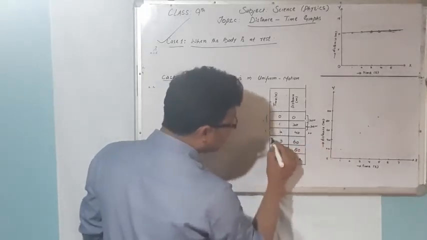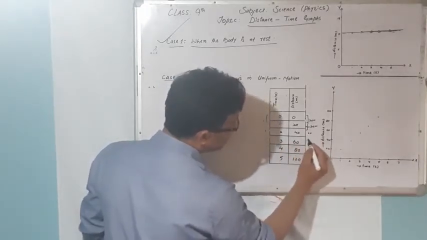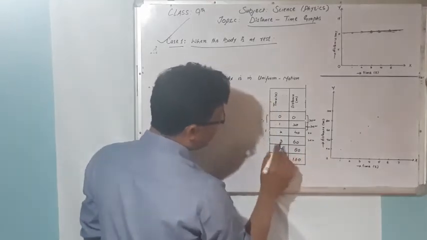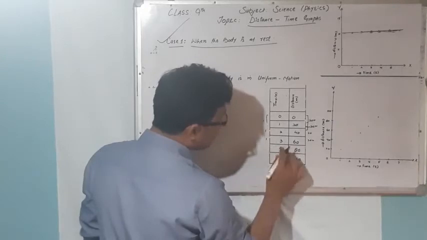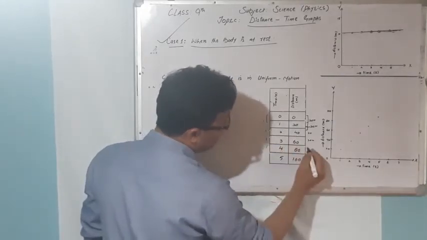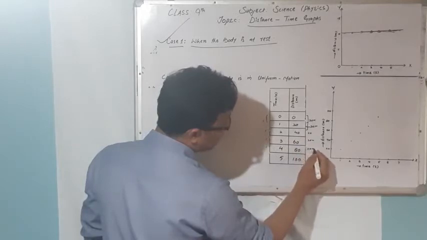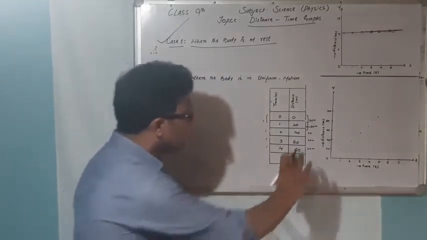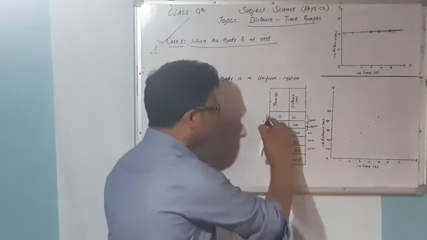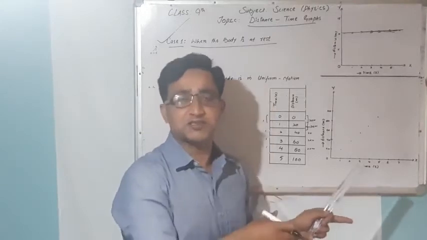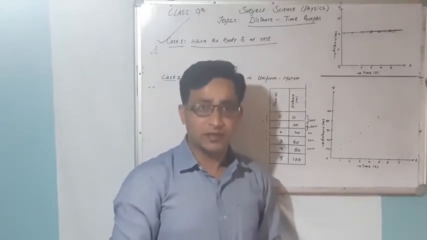Similarly in the third interval, 60 minus 40, it is covering the same distance, 20 meters. In the fourth time interval, it is again covering the same distance, that is 20 meters. And here we see the body is covering equal distances in equal intervals of time. That means motion in this case is uniform.